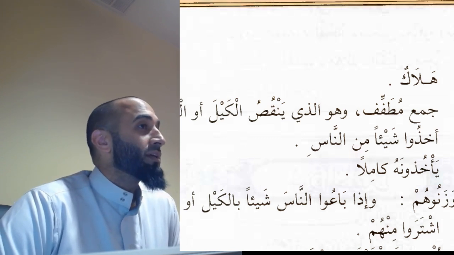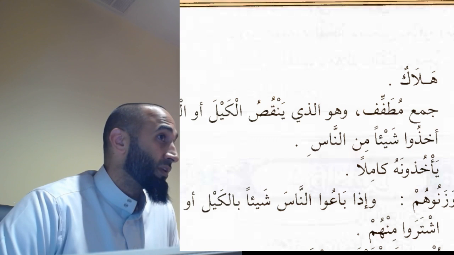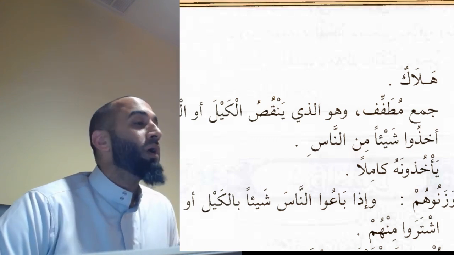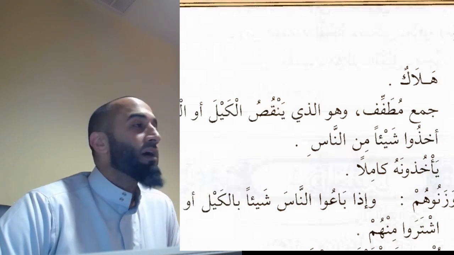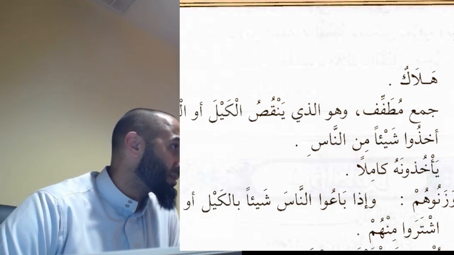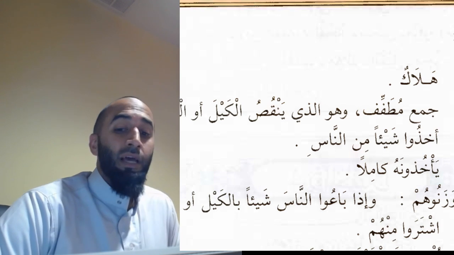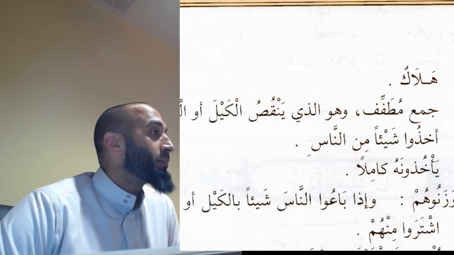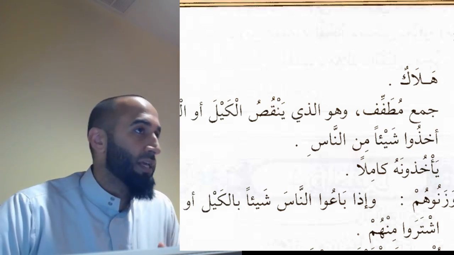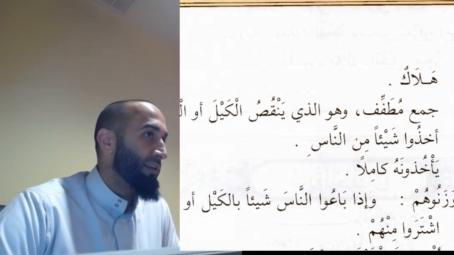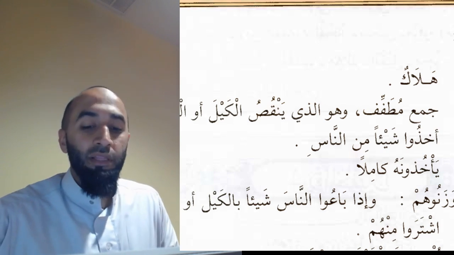So الذين, this is a description of مطففين. الذين إذا اكتالوا على الناس, what does اكتالوا على الناس mean? أخذوا شيئا من الناس, which means when they take something from the people, يستوفون, يأخذونه كاملا. They take it completely. They take full measure. They take, right, every single grain. Right? Good. Ahmed, the next one.